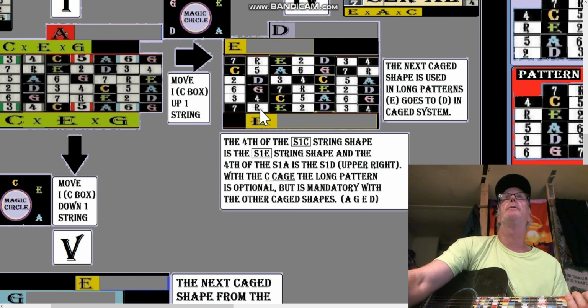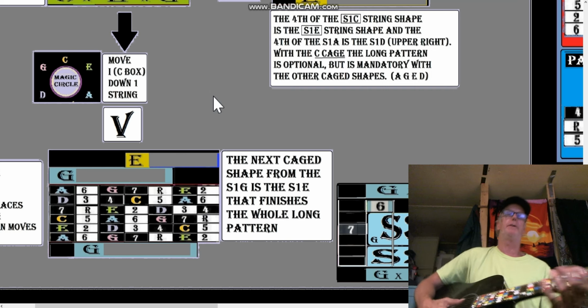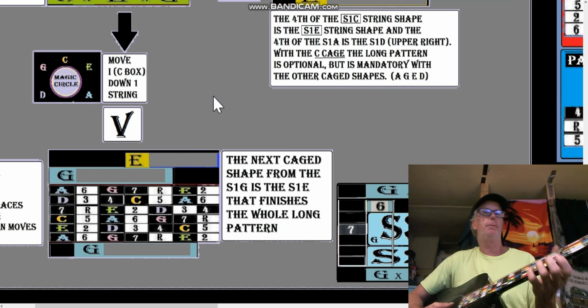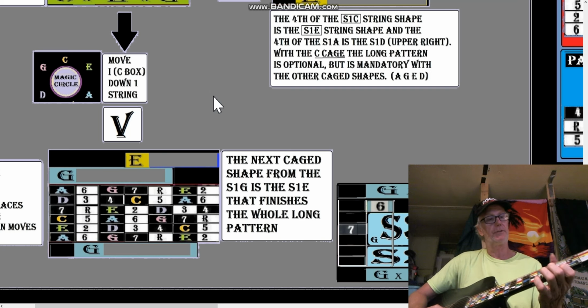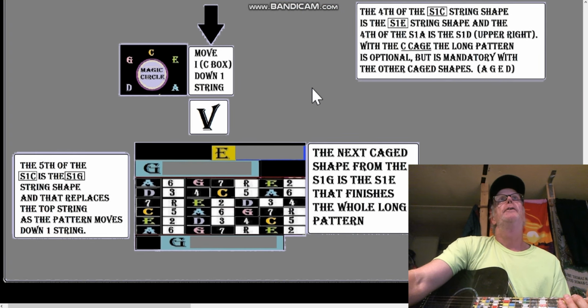But the bottom string was that E string that came in to fill its place. And remember, top and bottom string are going to be the same. That'll help you when you're building into a new shape. If you pushed it up, you know what the bottom string is because the top string is going to be the same.